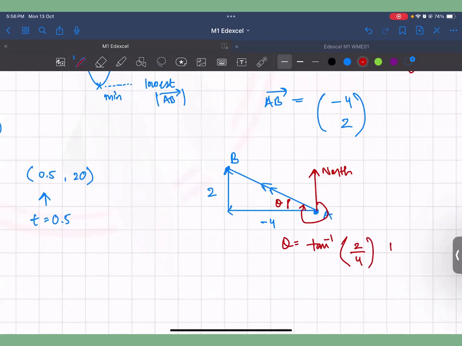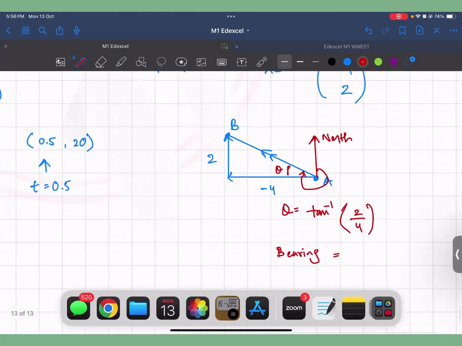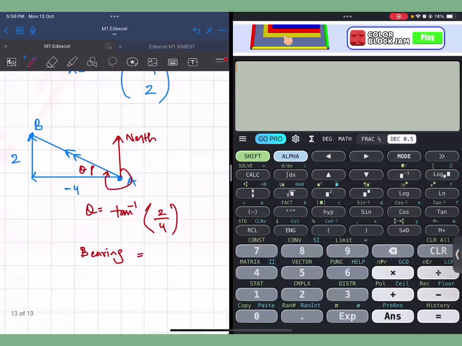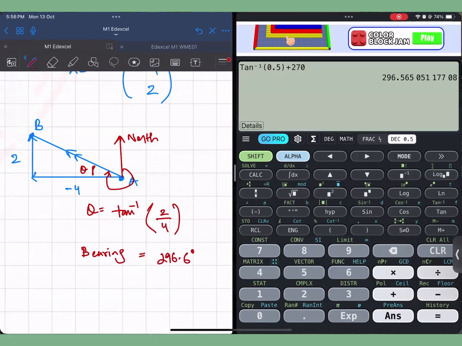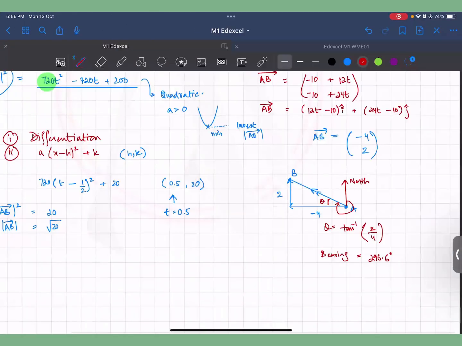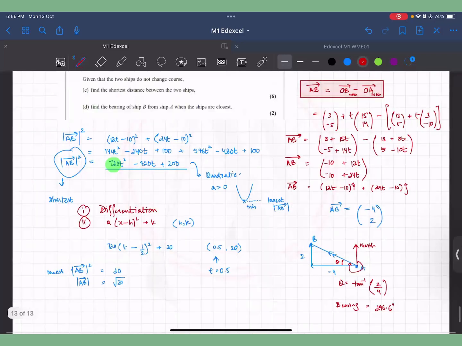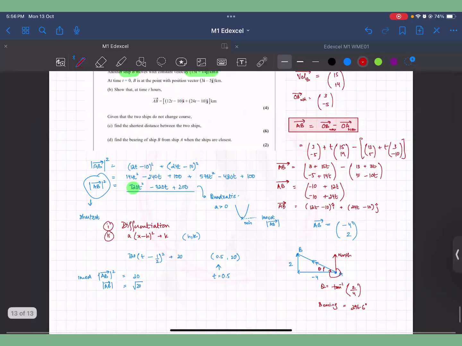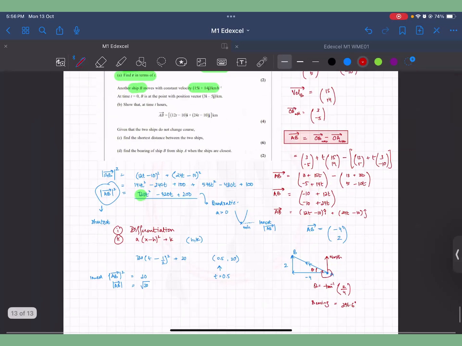And then for the bearing, it would be this angle plus 270, which will be tan inverse 0.5 plus 270. It is 296.6 degrees. Understood, right? Everything cool? Yeah.